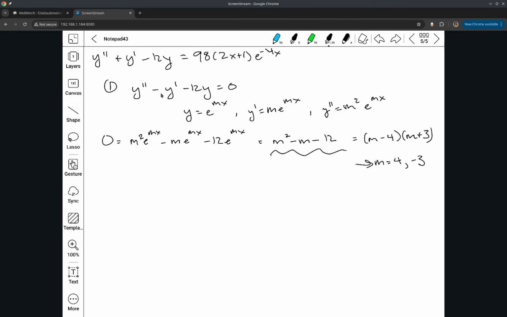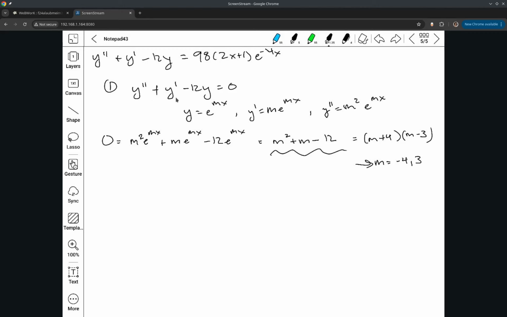What did I do wrong? Oh, it's supposed to be plus y prime here, so plus m e to mx there, plus m. So it's just the opposite factoring, m plus 4 times m minus 3 gives m equal to minus 4 and 3.